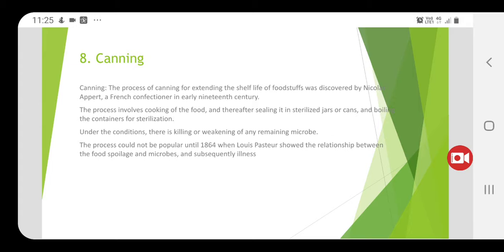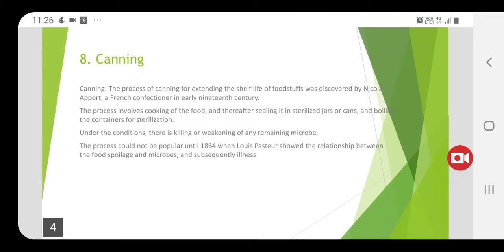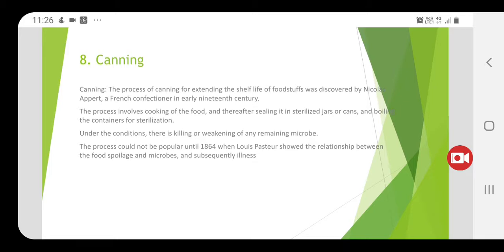This canning process could not become very popular until 1864, when Louis Pasteur showed the relationship between food spoilage and microbes. After that it became more popular. So these are a few other traditional methods of food preservation which were used for the preservation of food.